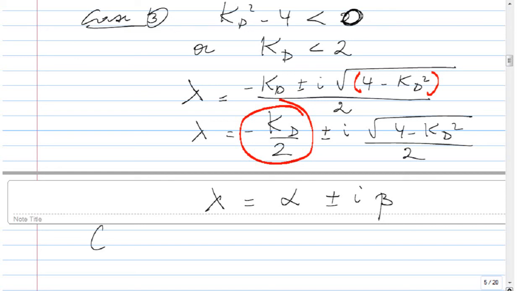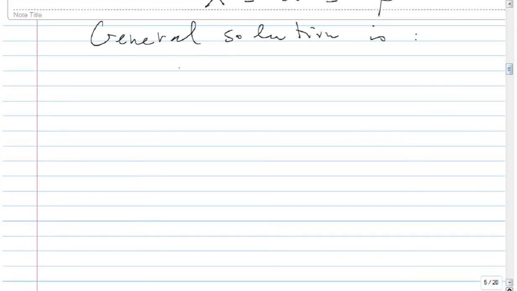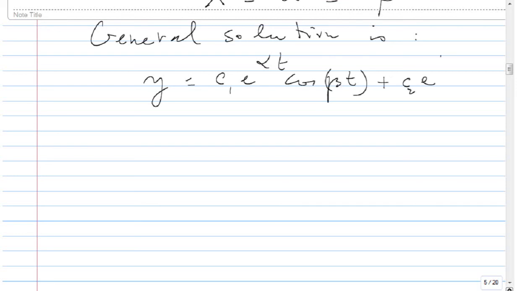Then we know that the general solution is y equal C1 e to the alpha t cosine beta t plus C2 e to the alpha t sine beta t.